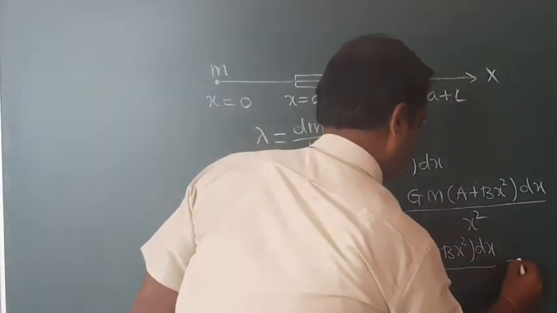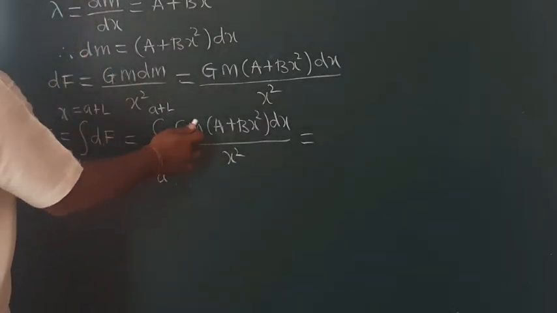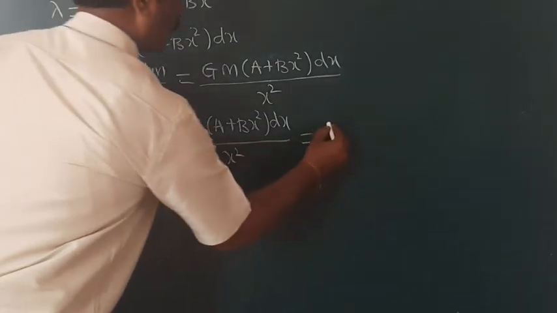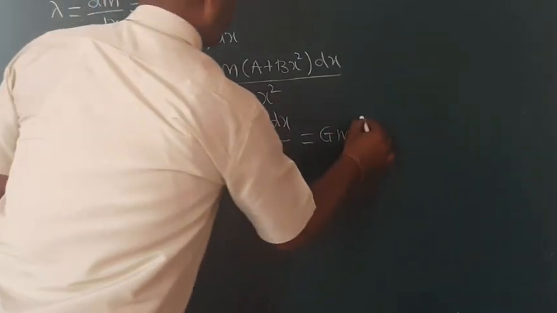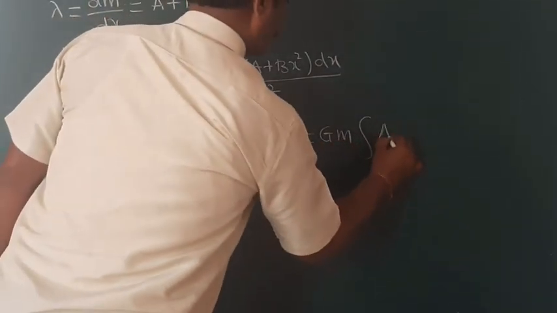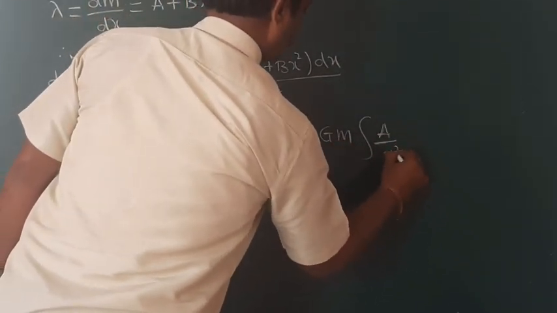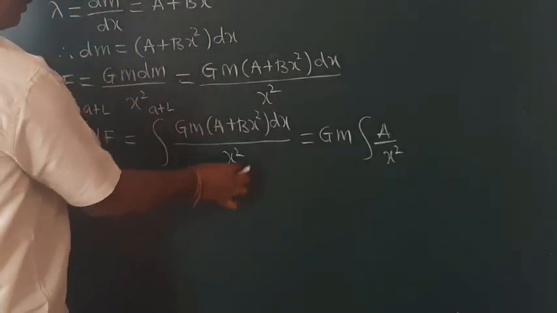That is equal to, here this gm can be taken outside because this is constant. So we will take it outside, and gm integration of a by x square plus bx square, I will divide this by x square.